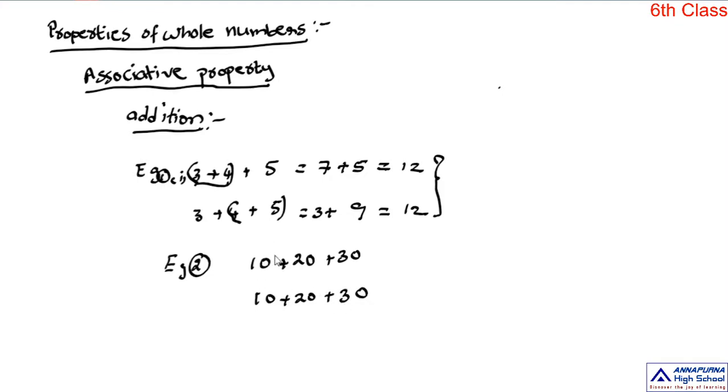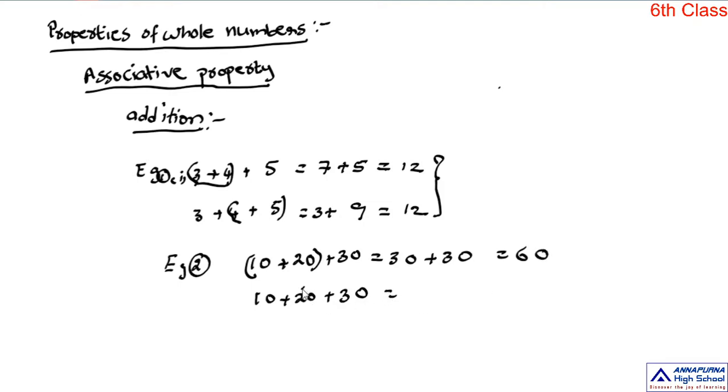In the same way we can do addition. First we add 10 and 20. What is the result? 10 plus 20, 30. We add, and then we add 30 to the sum. The sum is 30 and here also 30. 30 plus 30, 60.